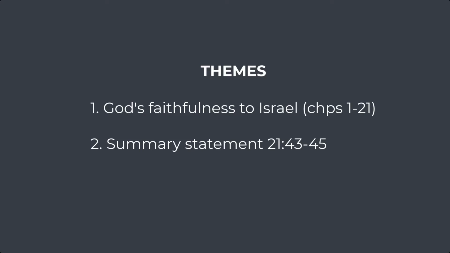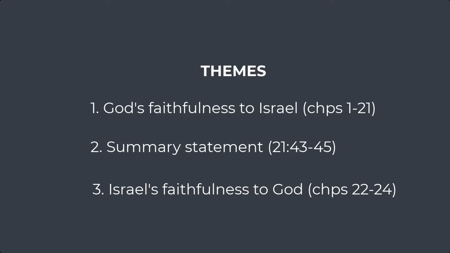Then that section ends with a summary statement, 21:43 to 45, which is part two. And then the third part of Joshua is Israel's faithfulness to God, chapters 22 to 24.